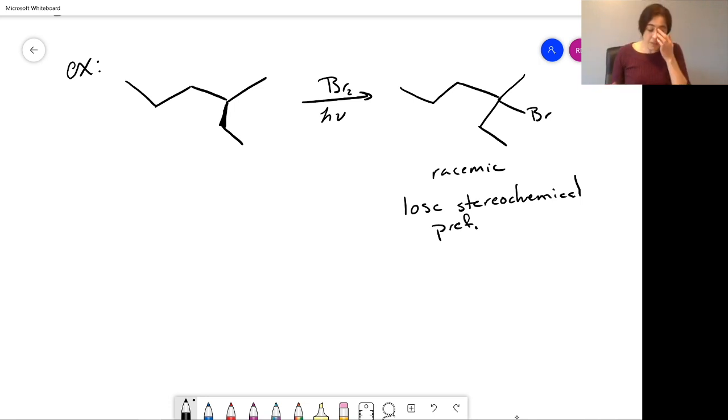Right? So you have to keep that in mind when you are doing these types of reactions. If the most substituted site is going to be the site where you are adding your halogen, which it will mostly be, if that has a stereocenter, you will end up losing that stereochemistry.